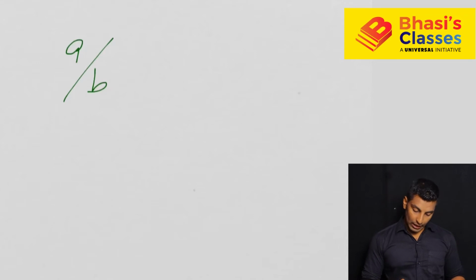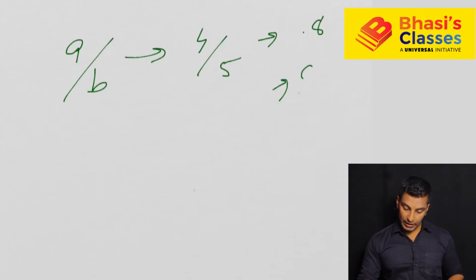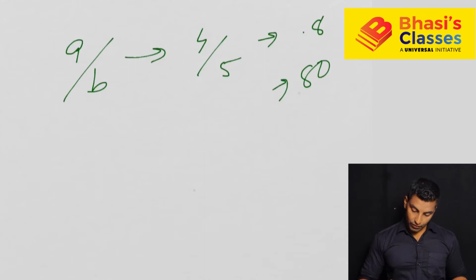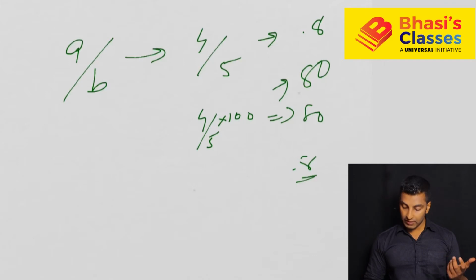For example, it can be 4 by 5 like we have seen, and the decimal expansion is 0.8 and the percentage equivalent is 80. How do you convert this to percentage? 4 by 5 into 100, so you get 80. How do you make it a decimal? Shift 2 places to the left, so it becomes 0.8. That's what we have seen.